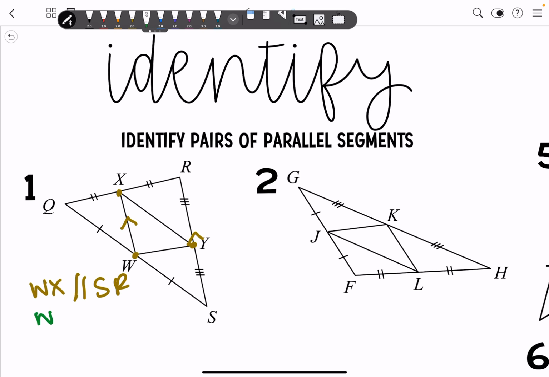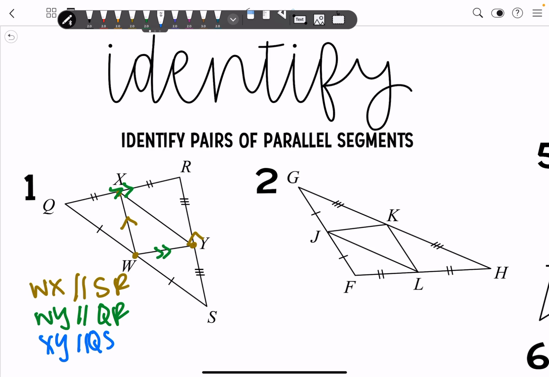We've got WY is also going to be parallel to QR, and then we've got XY is parallel to QS.